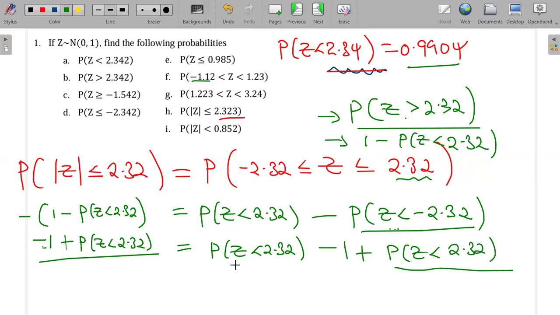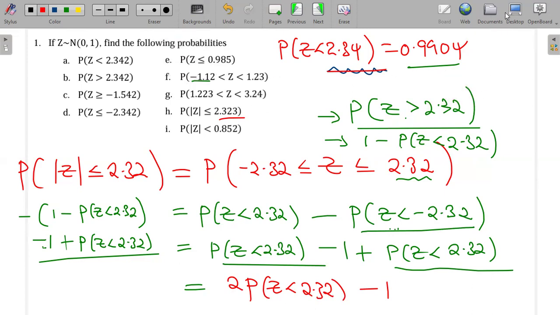But we see that this one and this one are the same, so we are going to add them. So we have 2 times the probability of Z being less than 2.32, and then minus 1. That way we just go on the Z score table once, find this value here, and put it there.